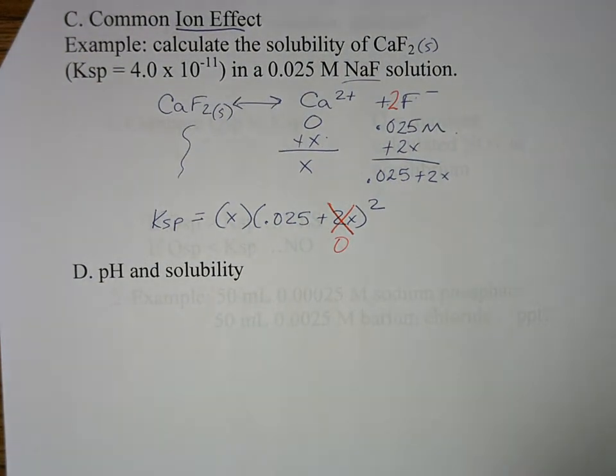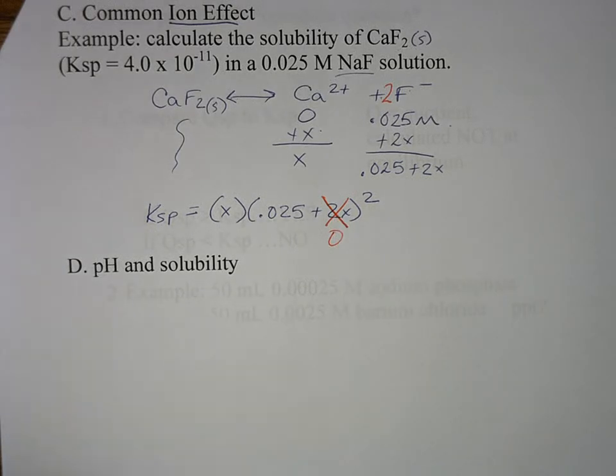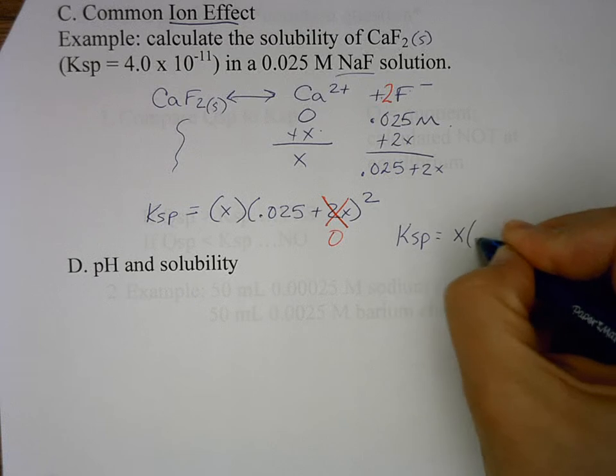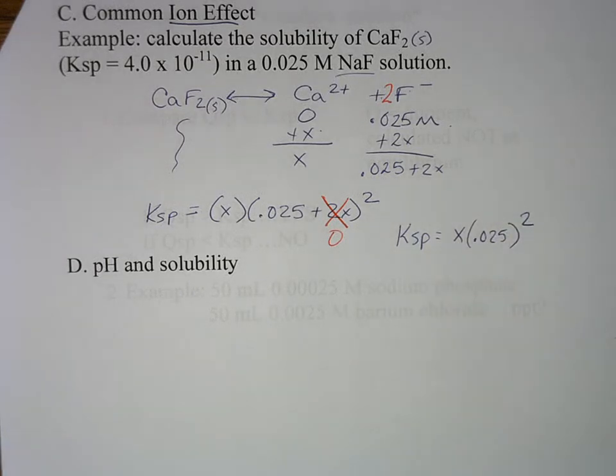You can drop that term, and KSP equals X times 0.025 squared, which is much easier to solve for X. So you can cancel stuff out if you're adding or subtracting X from anything.